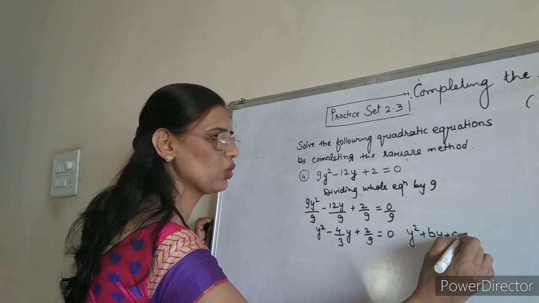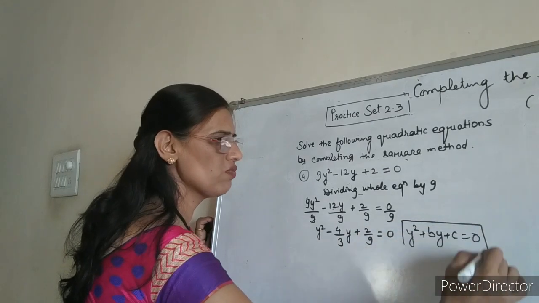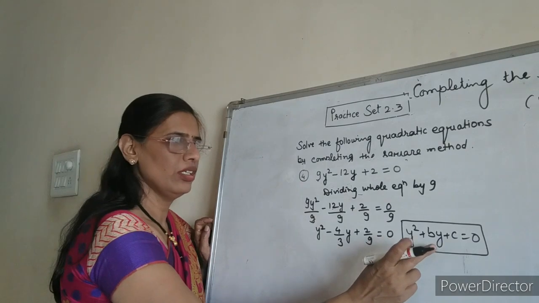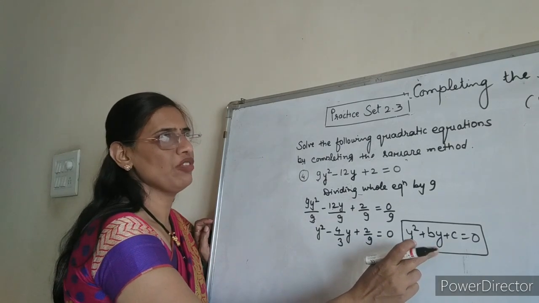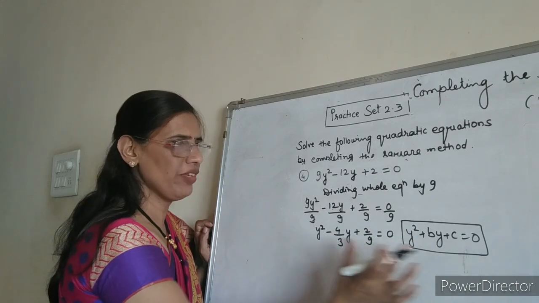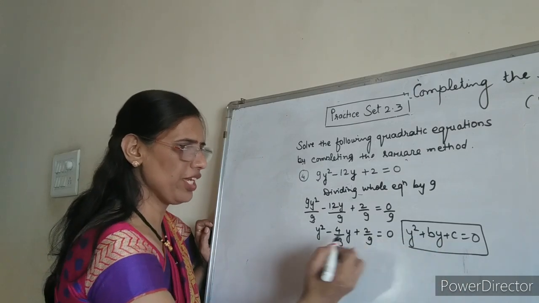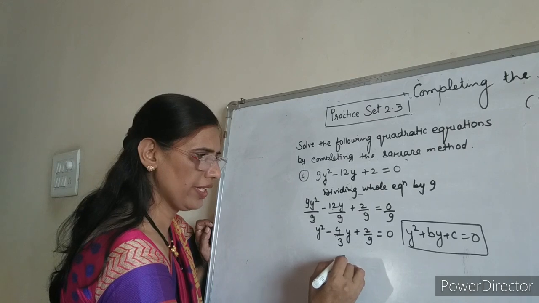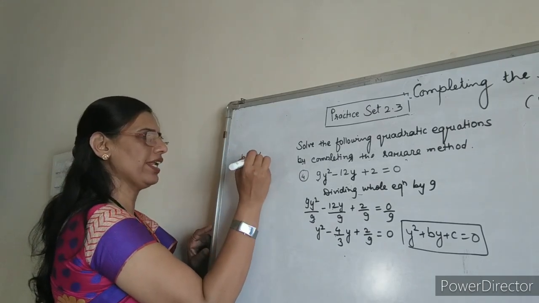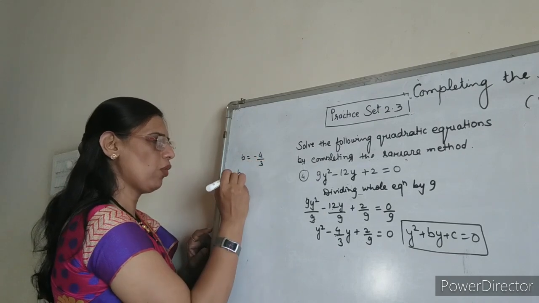Now if you compare with this, y square plus by plus c is equal to 0. Actually this is the form when we solve a quadratic equation by the completing square method. Here if you compare this with this equation, we get the value of b is negative 4 upon 3, right? And we want b upon 2.